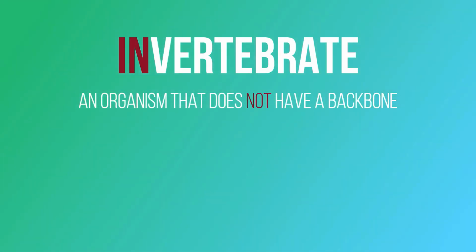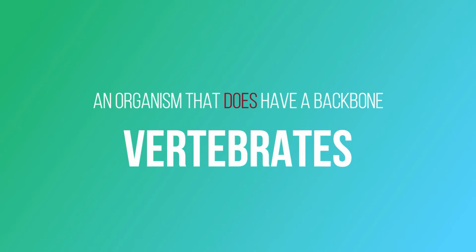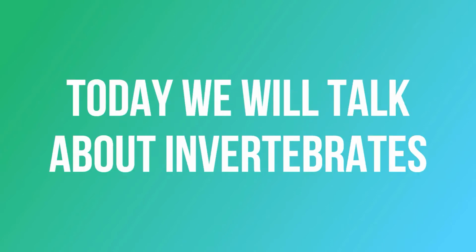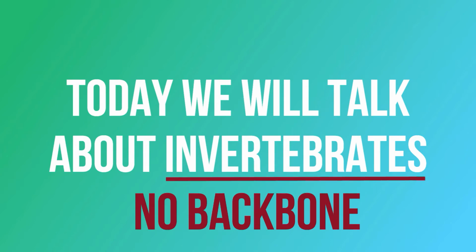An invertebrate is an organism that does not have a spinal cord. Think of it as probably having an exoskeleton, or some other skeletal muscular structure, but not that spinal cord that we see in most mammals and other vertebrates like fish and reptiles. So invertebrates are organisms that do not have that.